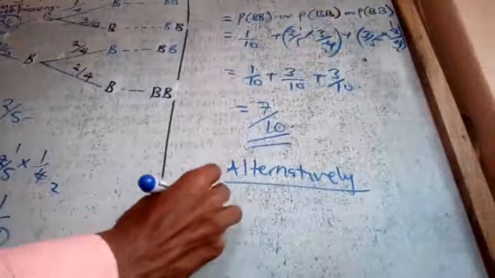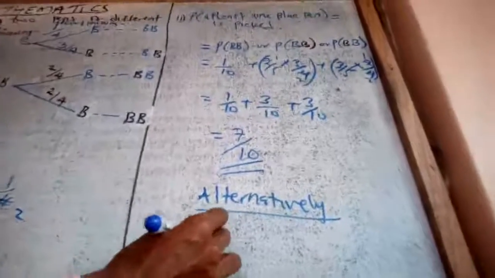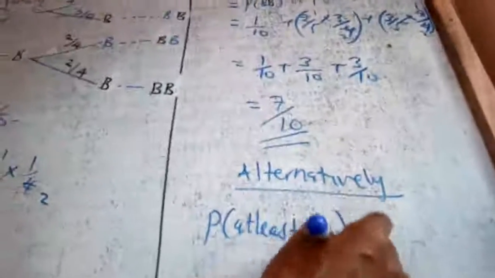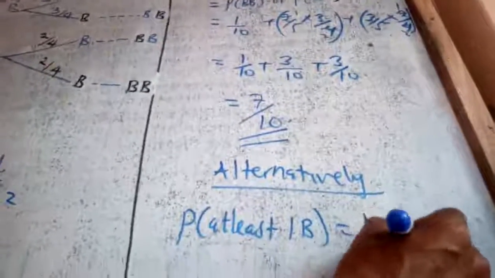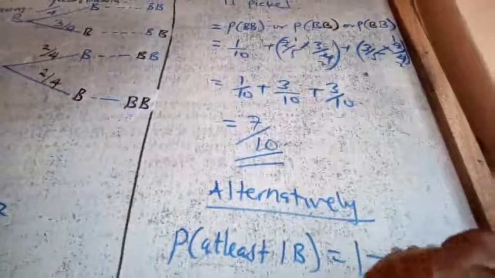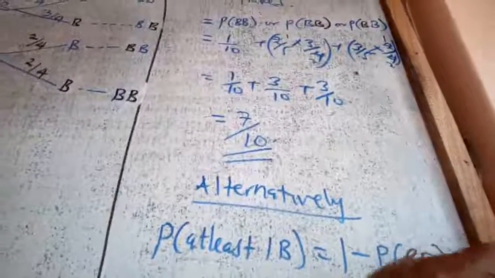you can say the probability of at least one blue is given by 1 minus the probability of picking all of them being black. All of them being black.